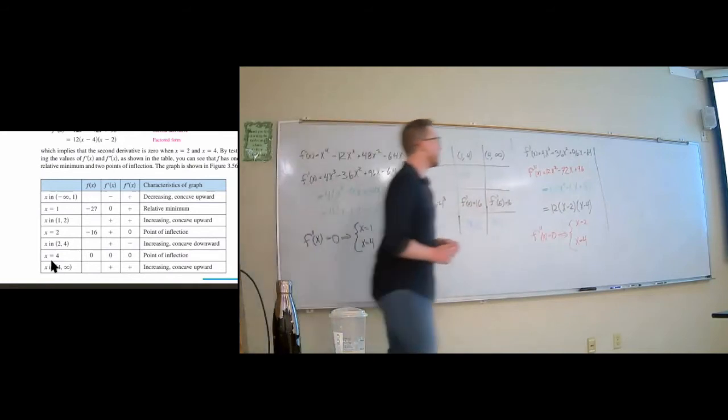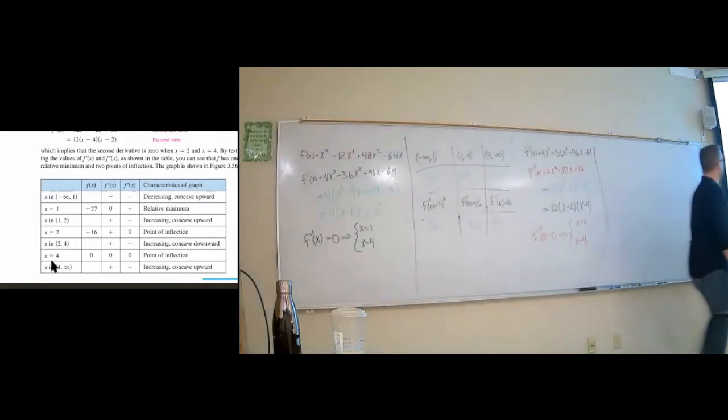And then they said, all right, we have at 2 a test point that we're using as well as a point of possible inflection. And at 4, we have a test point and a point of possible inflection.